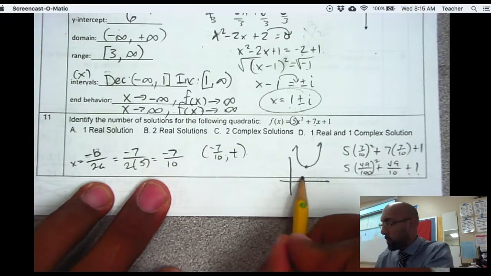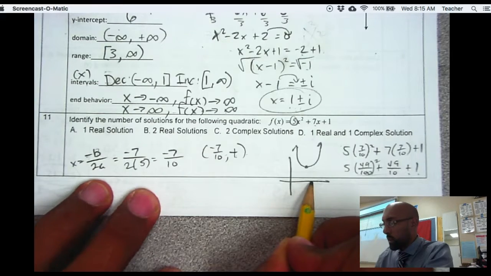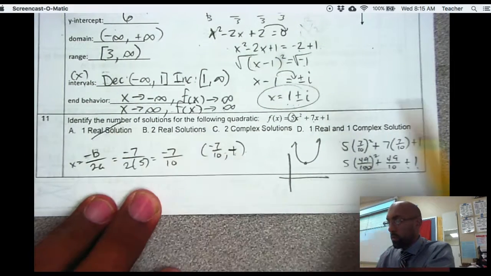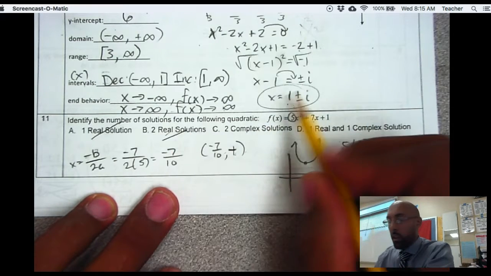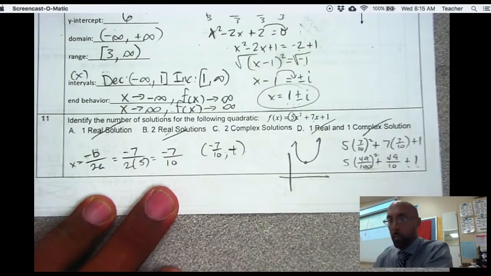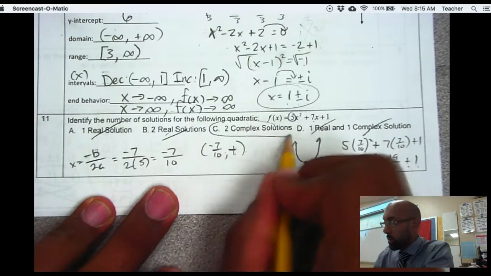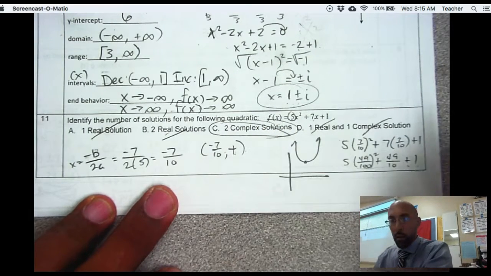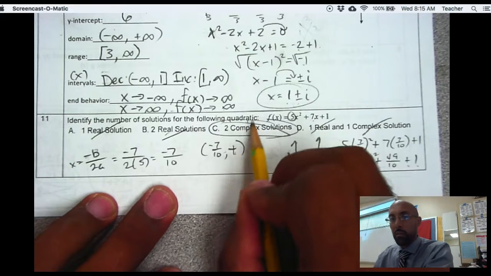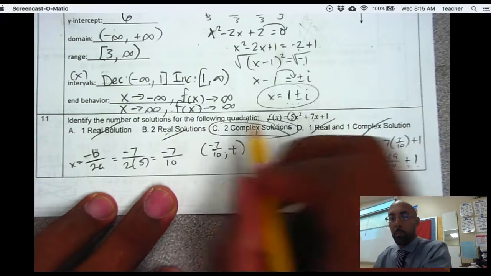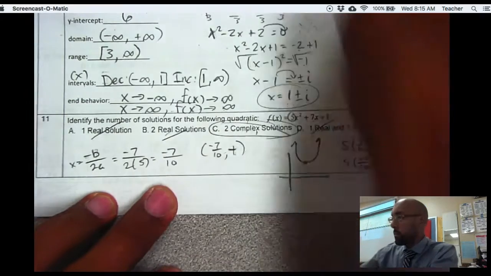So if it's above, that means there's no x-intercept. So there's no real solution. There's not one real solution. There's not two real solutions. And there's not one real and a complex solution. There's just two complex solutions. And there's really no case where you'd have one real and one complex anyways. So we'd have two complex, or basically two imaginary roots, is what that means.